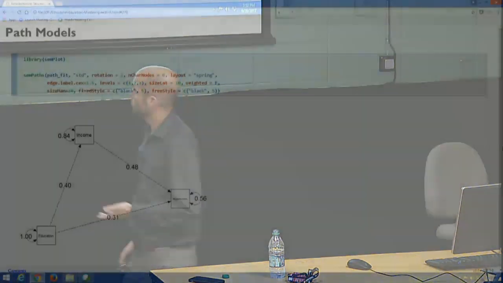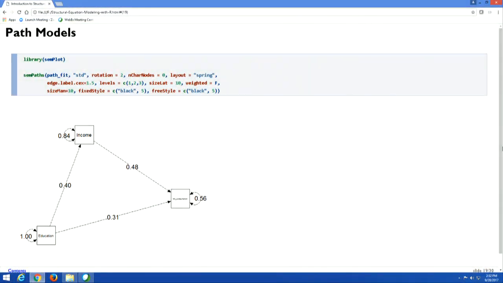And this is what that relationship looks like in a path diagram. If we were to draw this out with the regression coefficients as labels, you can see that education has a variance of 1 because this is a standardized scale. All of them have been standardized to have a mean of 0 and variance of 1.